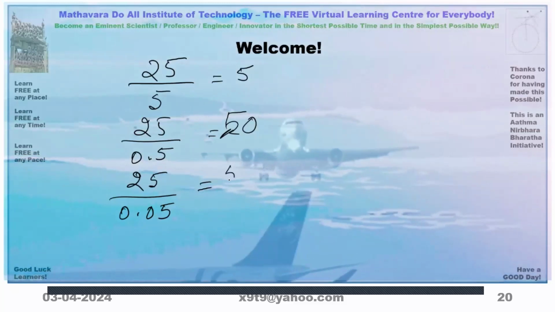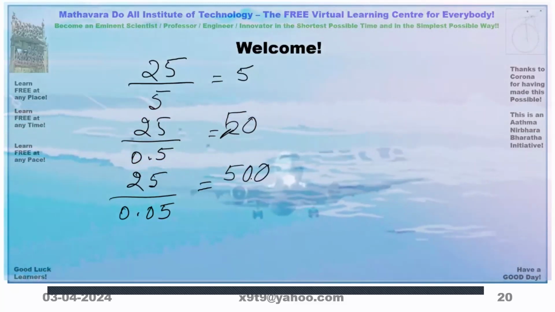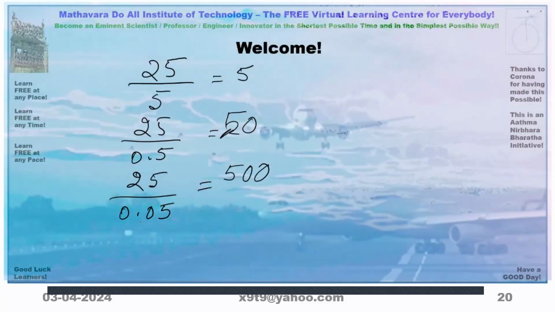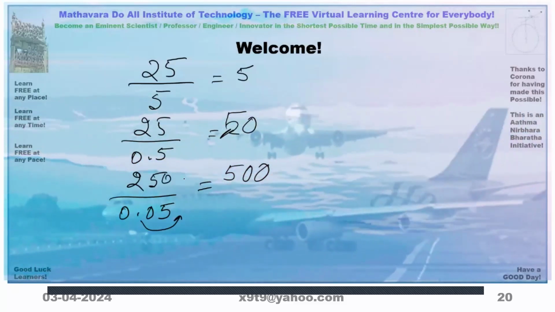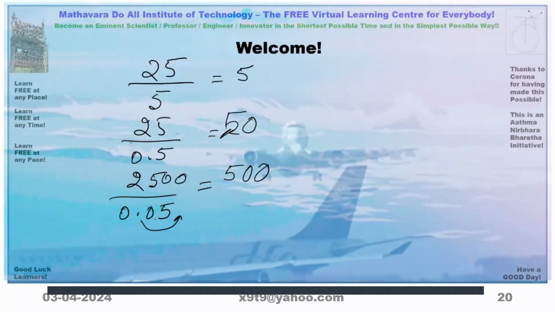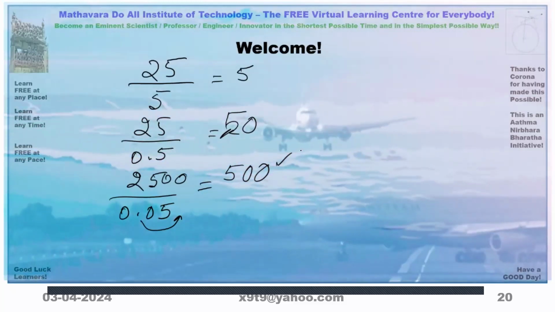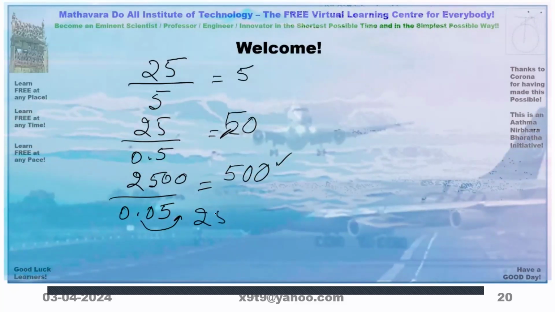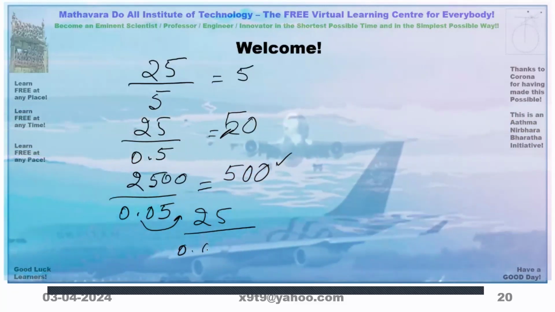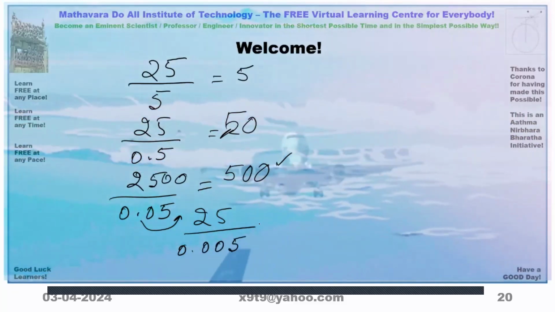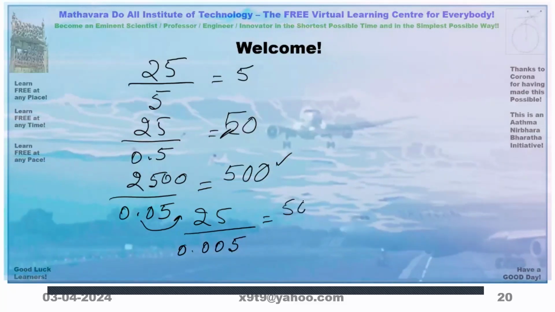How much you will get? 500. So two digit shift here, add this one. That means divide by 5. So you will get this. So if it is 25 by 0.005, you will get 5,000.